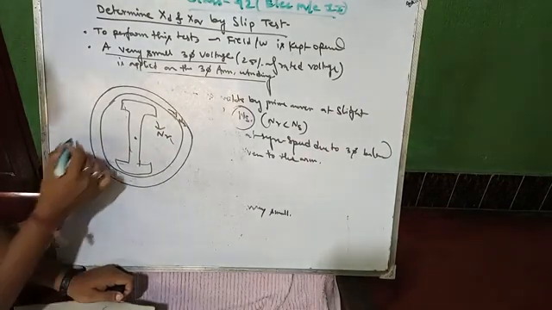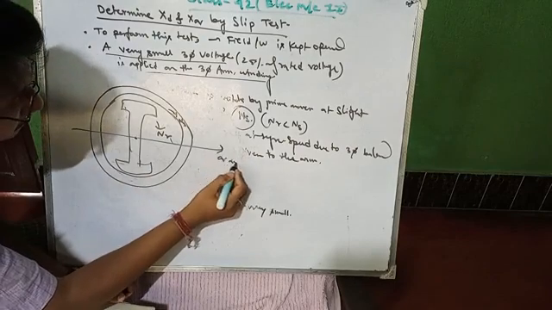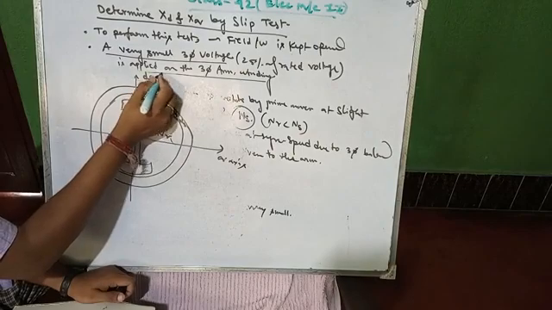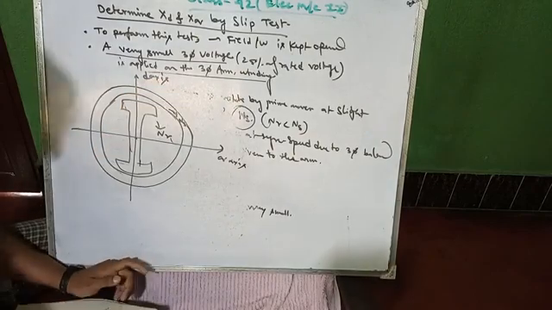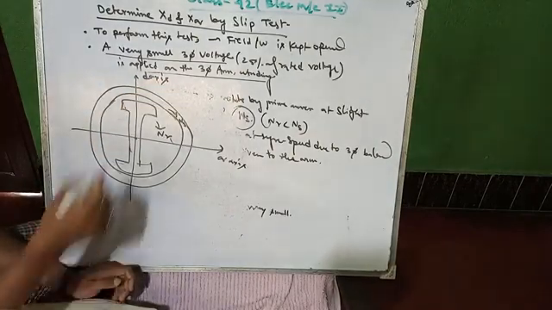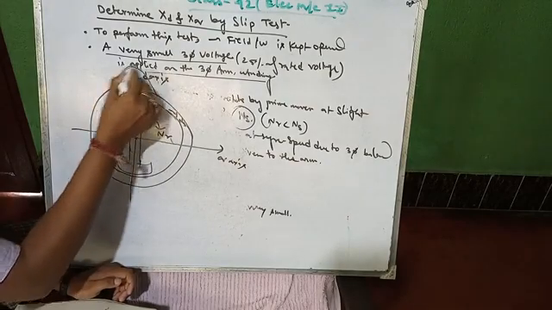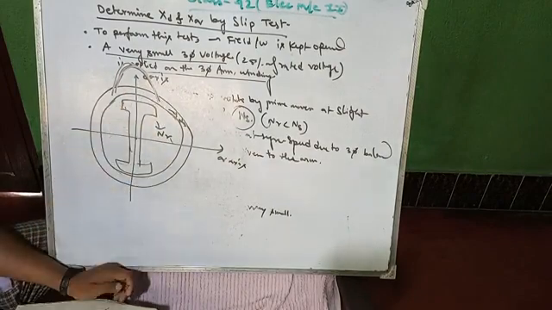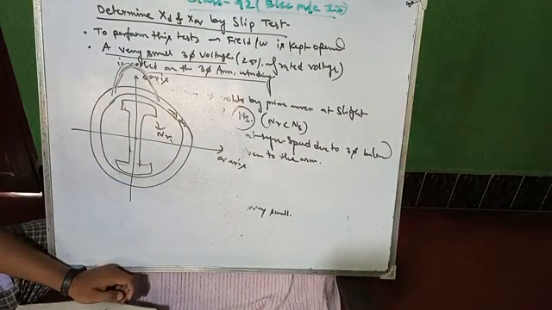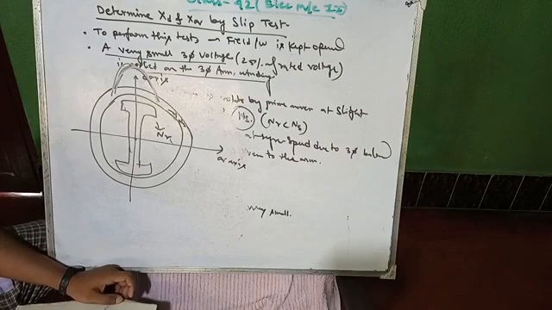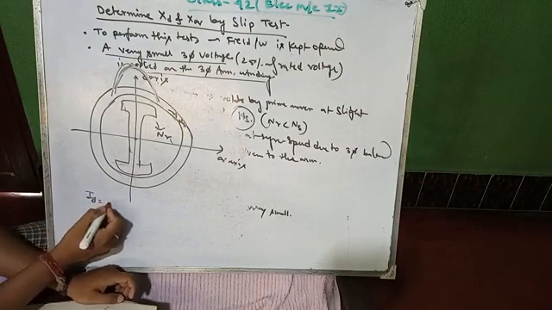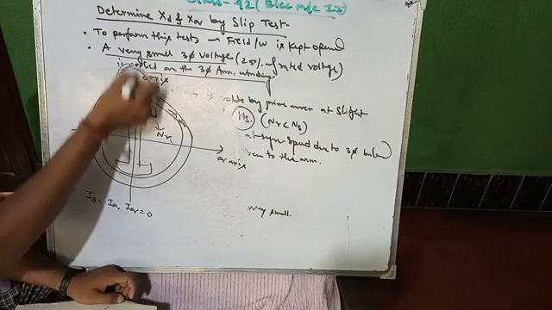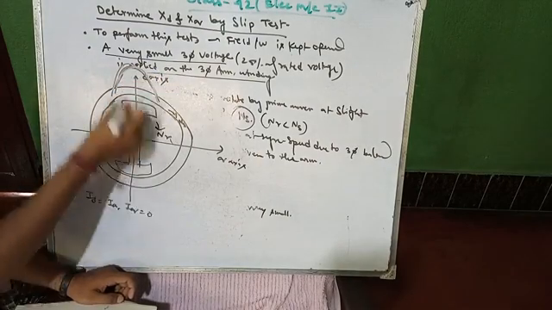So this is the q axis and this is the d axis. When the armature MMF Fa is along the d axis, then Id equals Ia and Iq equals 0, because all the current is along the d axis.